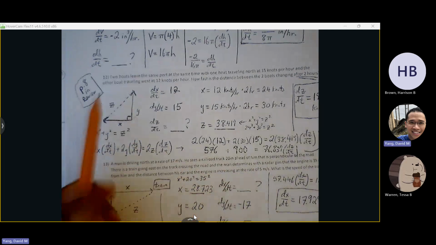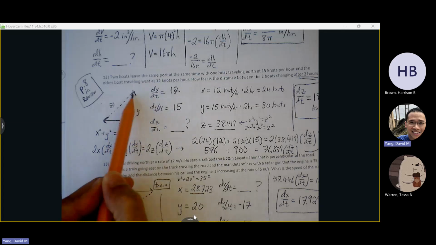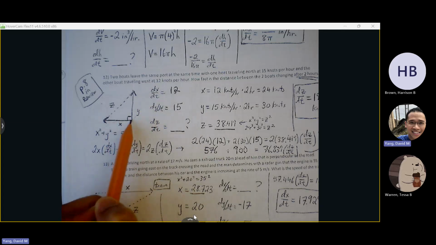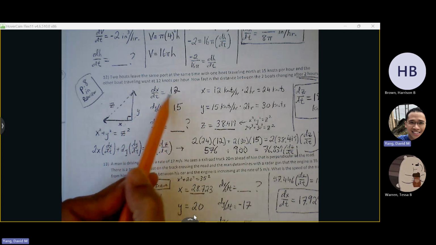So this is the only way we can draw it, right? Y is going up, x is going to the left. Both dx/dt and dy/dt are positive, 12 and 15.